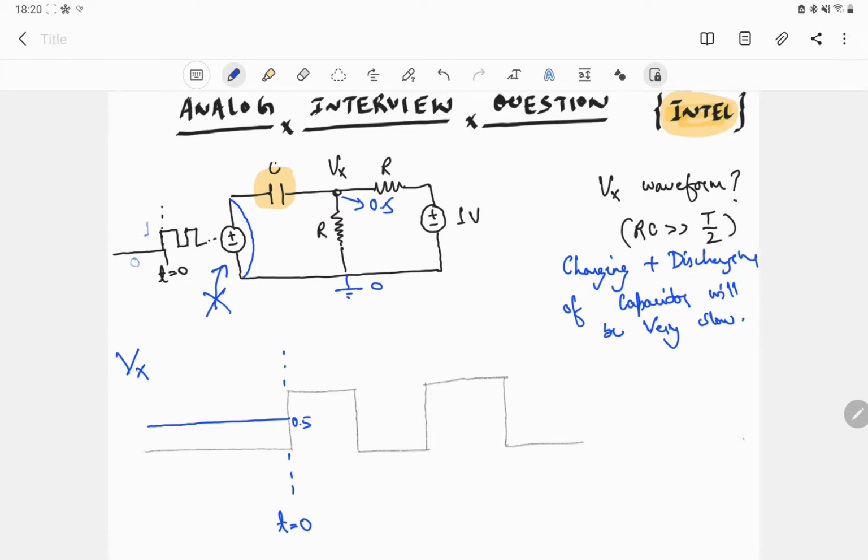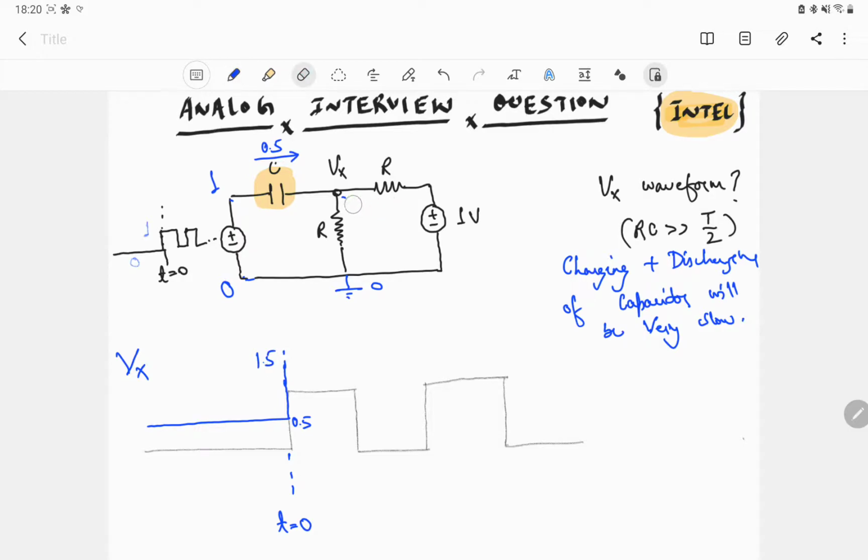And then suddenly if we apply the 1 volt, then 0 volt will be there, 1 will be there, and since my capacitor was previously charged to 0.5 volt in this direction, suddenly this voltage will go to 1.5 volt. So we can make the plot reach till 1.5.